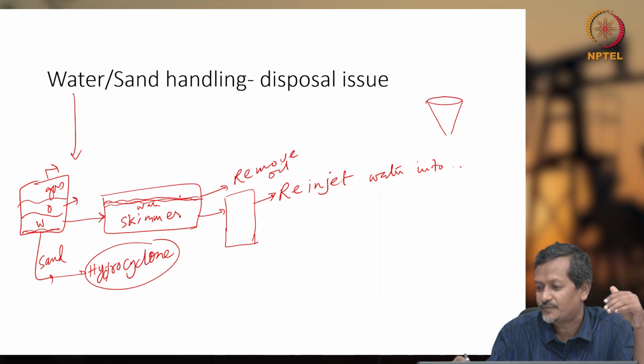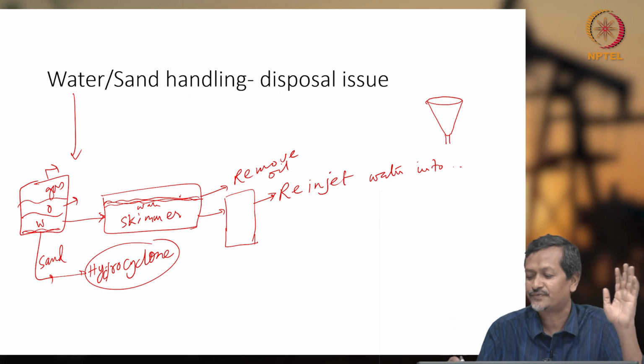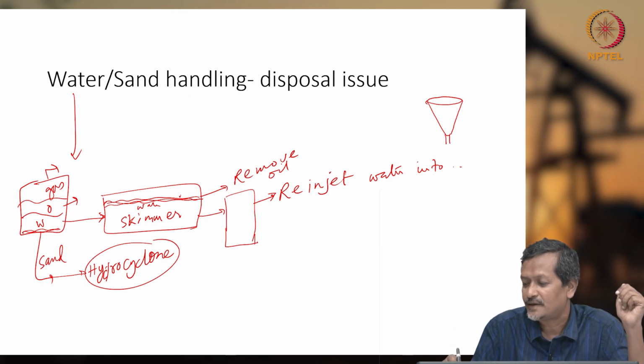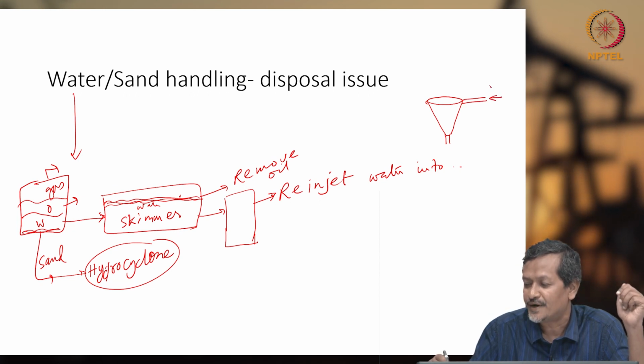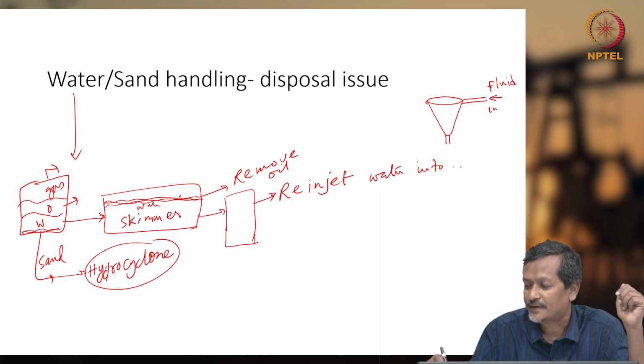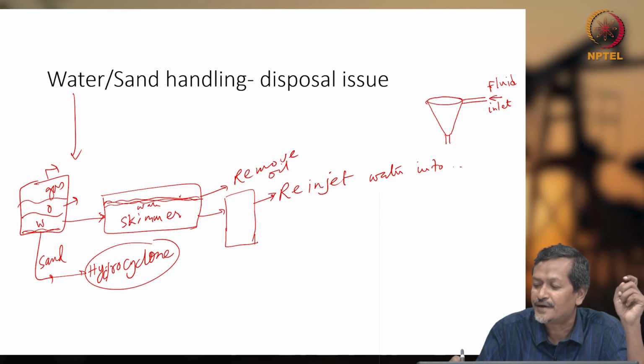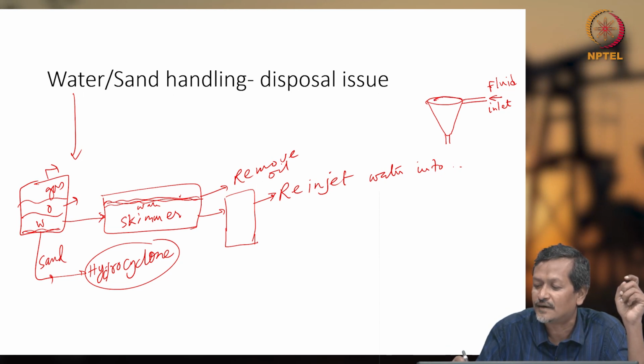It is a funnel-like structure, you have seen a funnel maybe, and one channel will be there from the side, the fluid inlet. This fluid will be entering tangentially to the funnel.